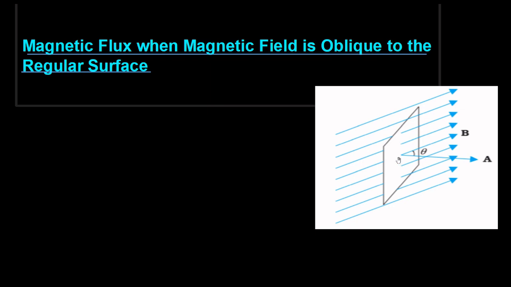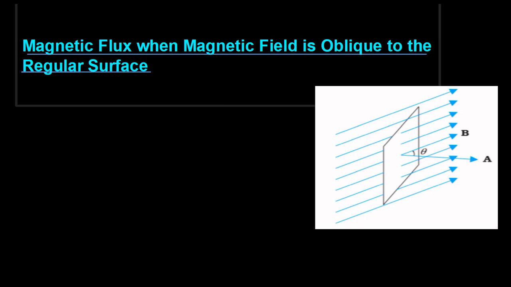In this diagram, magnetic field B is making an angle theta with the area vector, or magnetic field B is oblique to the area vector A.